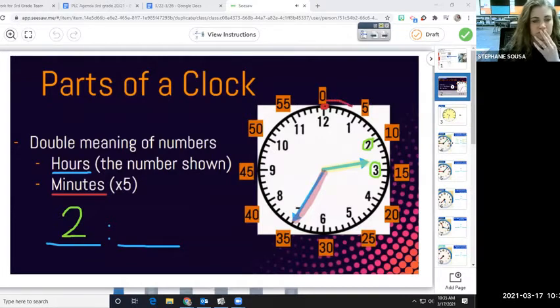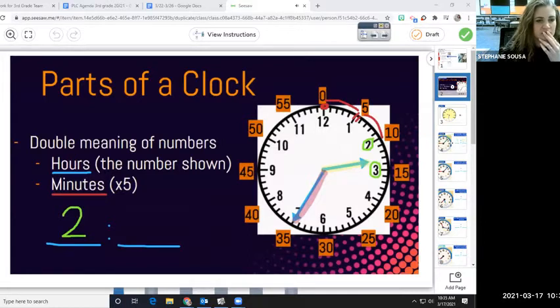When we move around the face of the clock, we count 5 tick marks or 5 minutes, which is why the 1 is equal to 5 minutes. If we count 5 more minutes, we will be at 10 minutes. If we keep counting around the clock by 5s, we will end up where the minute hand is pointing.